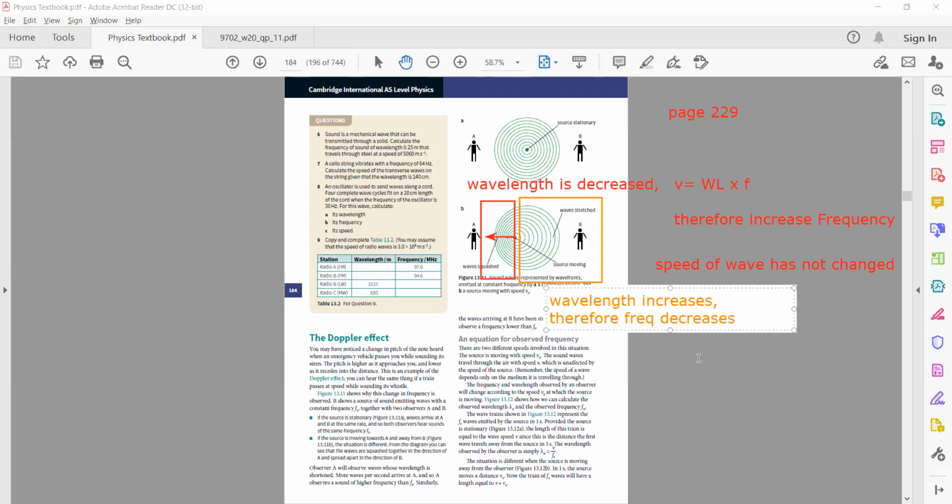So the interesting thing is that person A and person B will actually hear a different frequency of sound. The person at A will hear a higher frequency sound, and the person at B, the person on the right, will hear a lower frequency sound.